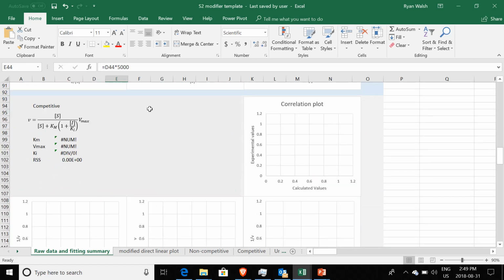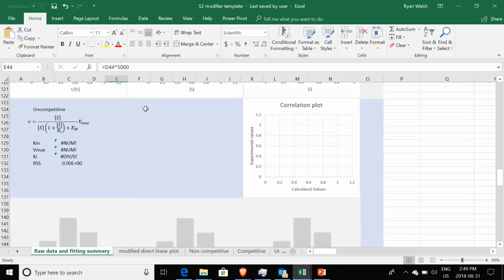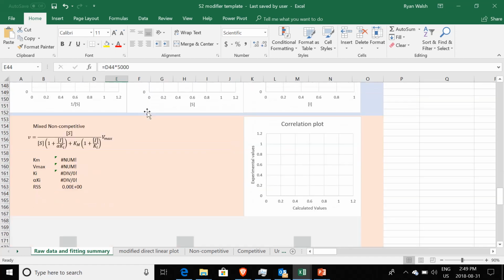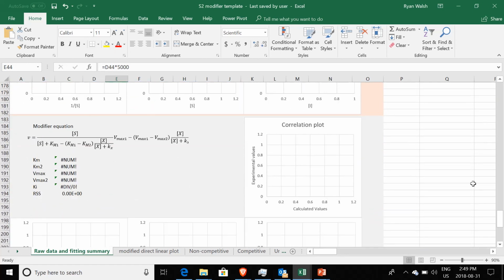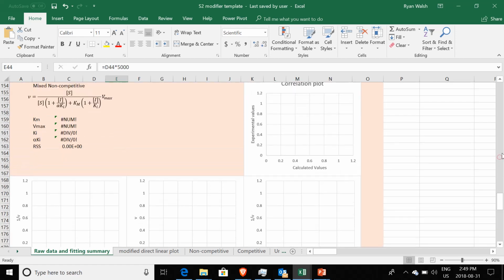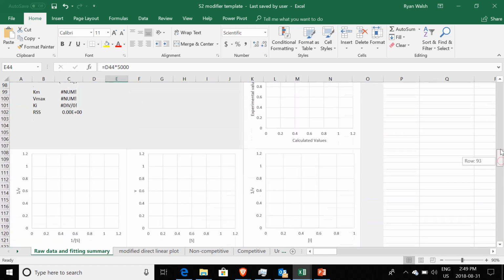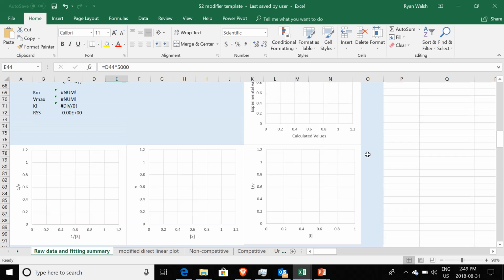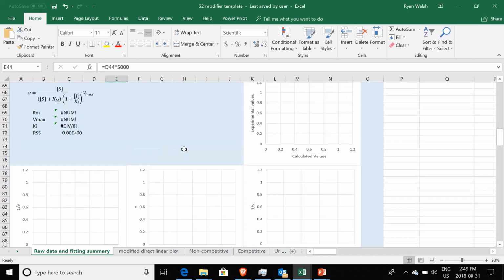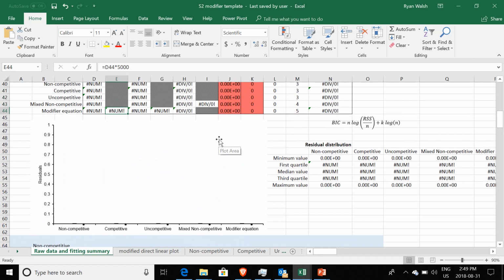Followed by competitive inhibition, uncompetitive, mixed, and the modifier equation. And the other plot here, 1 over V versus inhibitor concentration, is known as a Dixon plot, I believe. I sometimes forget, but anyways, that's just another way of visualizing the data.